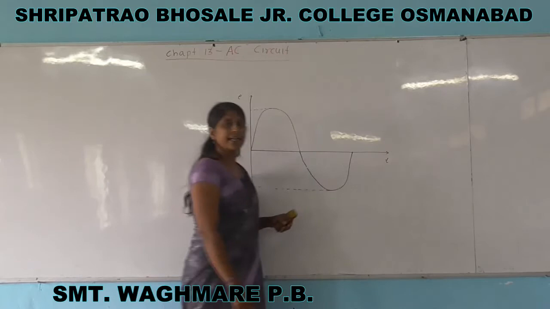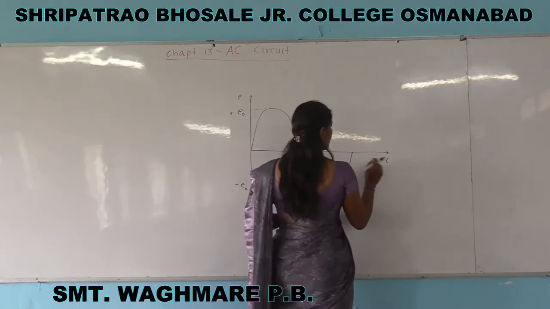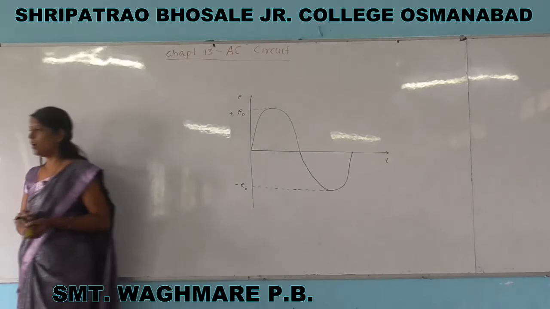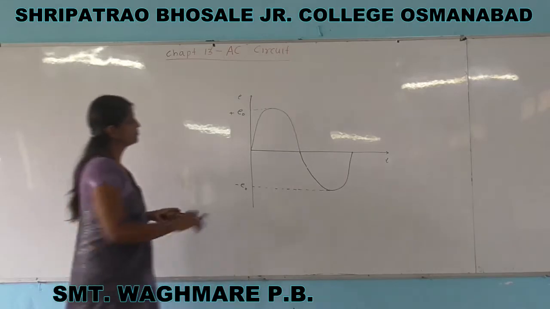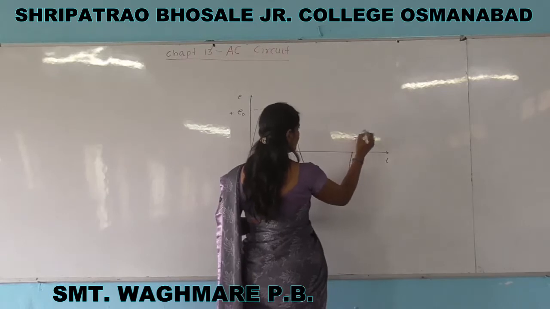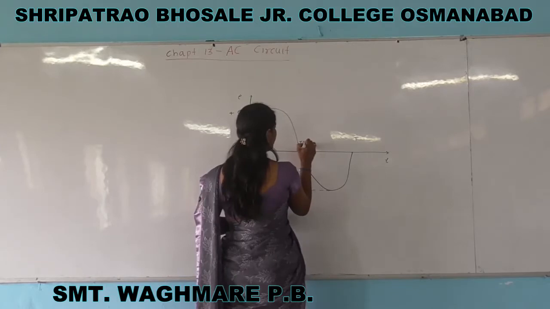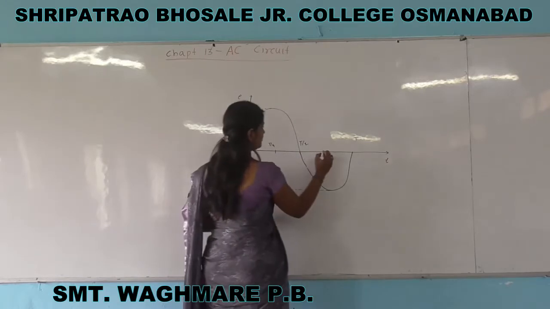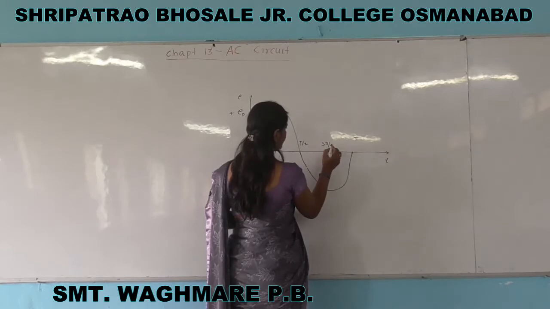For one cycle, the phase difference can be shown right here, or we can use a time period also here. This is the complete time T for one cycle. Then this will be T by 2. This will be T by 4, and this will be the time period of 3T by 4.